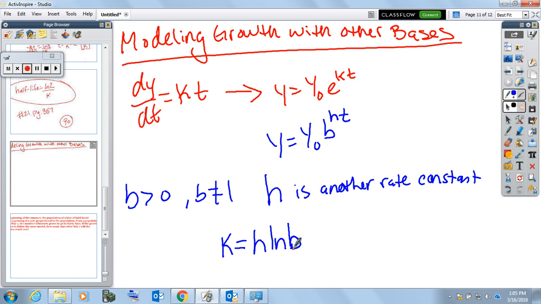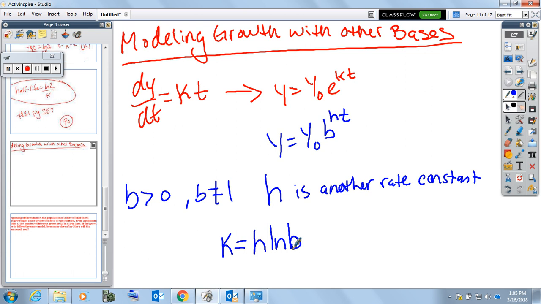So our original k, our constant of growth or decay, is equal to this new rate constant h times the natural log of b, which is just another positive number, very similar to how e is a positive number in there.